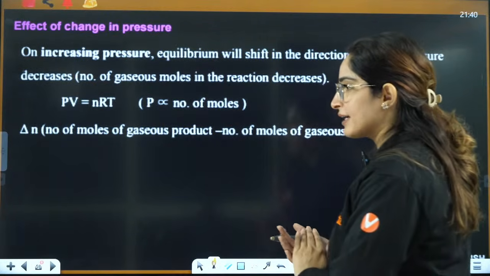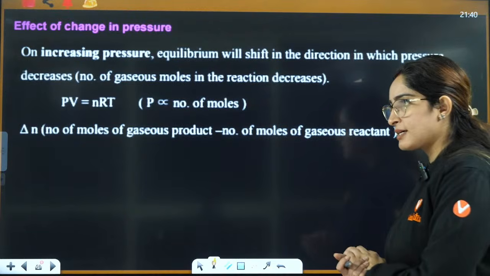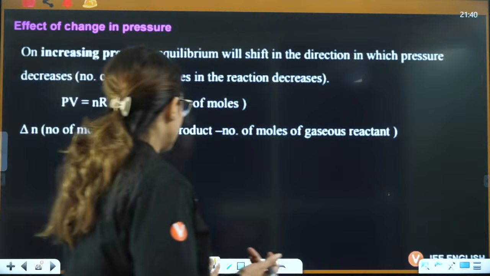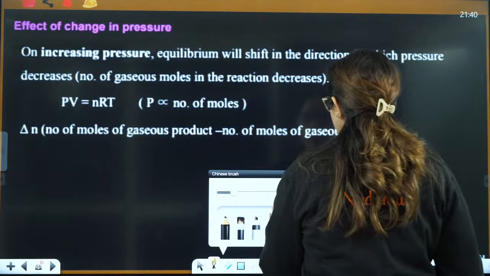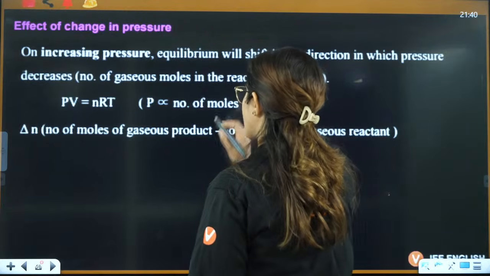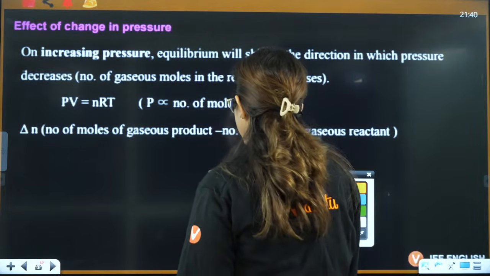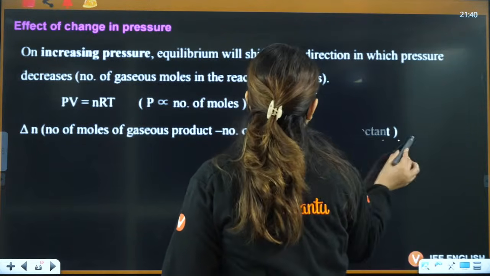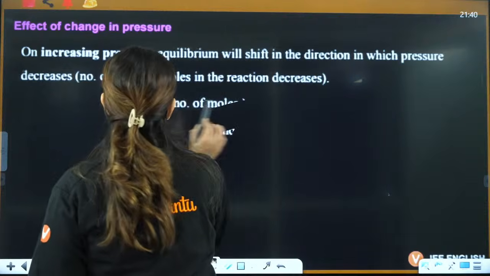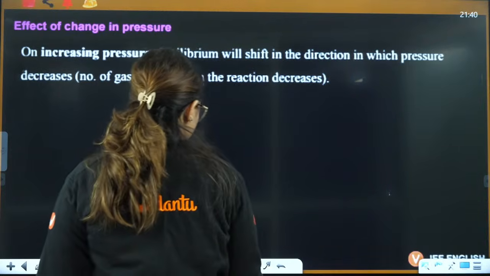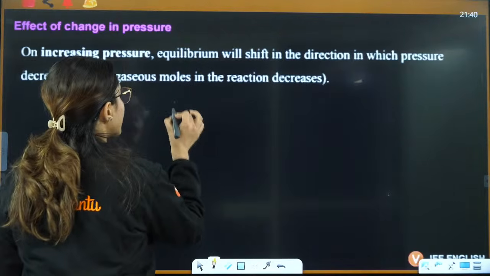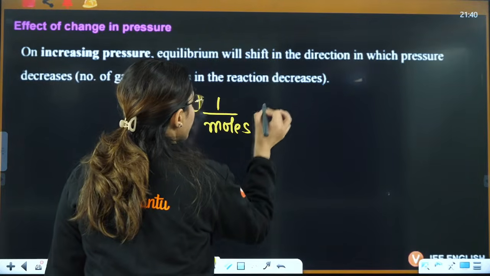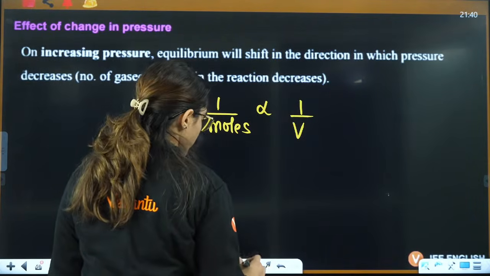Now it is the effect of pressure. If I talk about the effect of change in pressure, always remember pressure is inversely proportional to moles. I'll give you a direct way here. Remember that pressure is inversely proportional to moles, and pressure is also inversely proportional to volume.